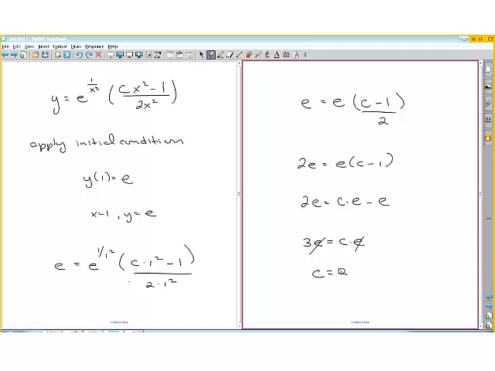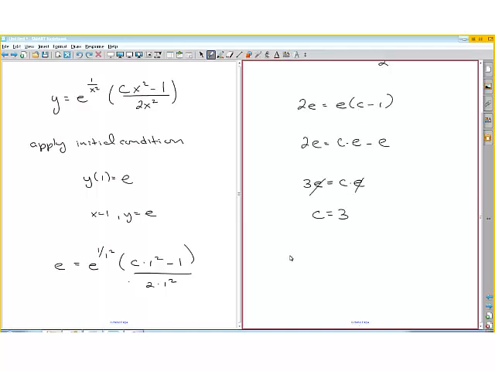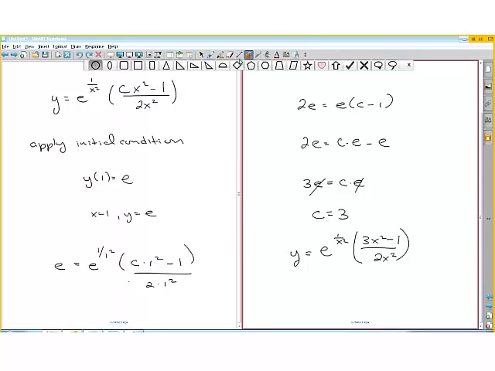The e's cancel out. I get c is equal to 3. So my final answer, which is the particular solution, is y is equal to e to the 1 over x squared times the quantity 3x squared minus 1 over 2x squared. And that is the correct answer.